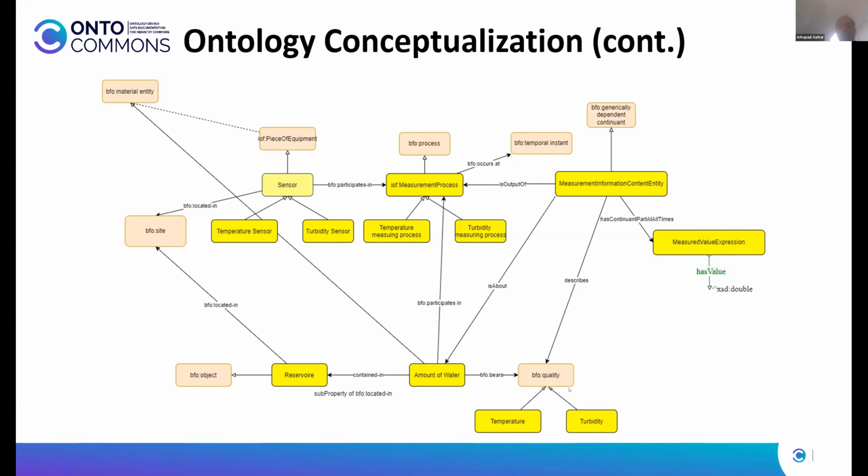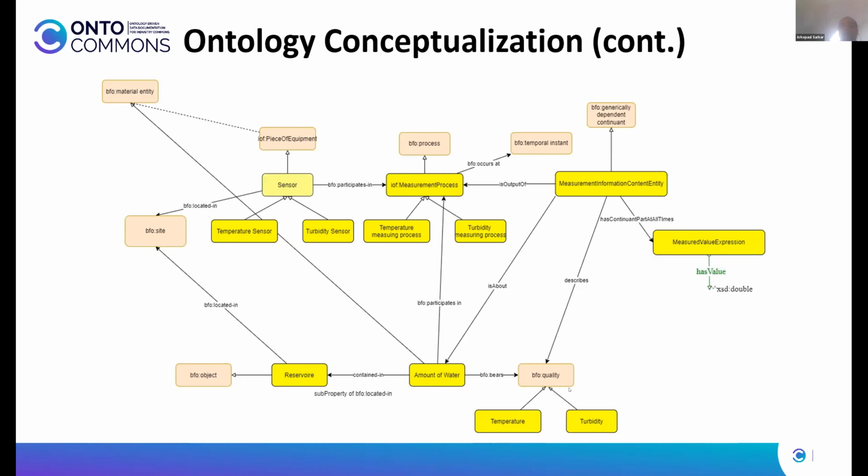And now there are several ways to do that. You can use the BFO concept site to say that the amount of water is in the same site as the reservoir is. But to keep matters simple, you can define a new relationship called contained in, which is a sub-property of located in, and you can also very formally define it as having the same site.